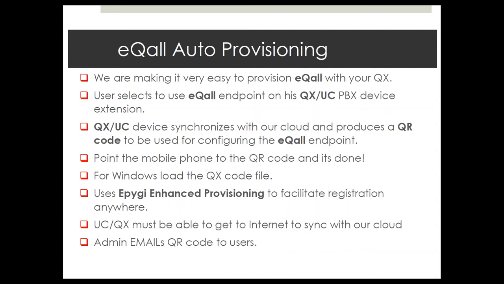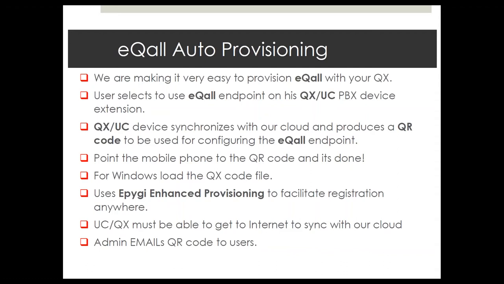If you have the GUI open, you can take your mobile device with our application and take a picture of that code, or you can send that code as an email, or you can print it, or you can save it. I think it's an MSI or some format similar to that.